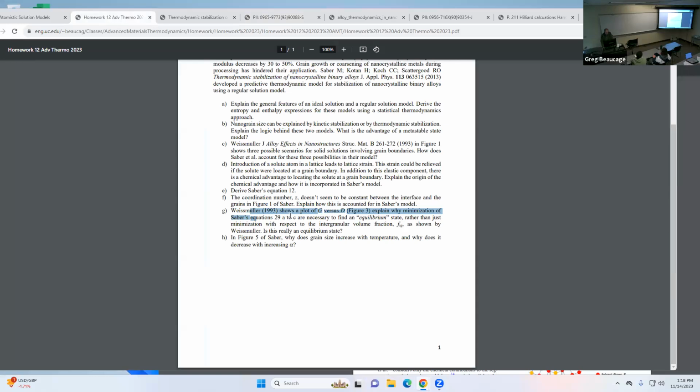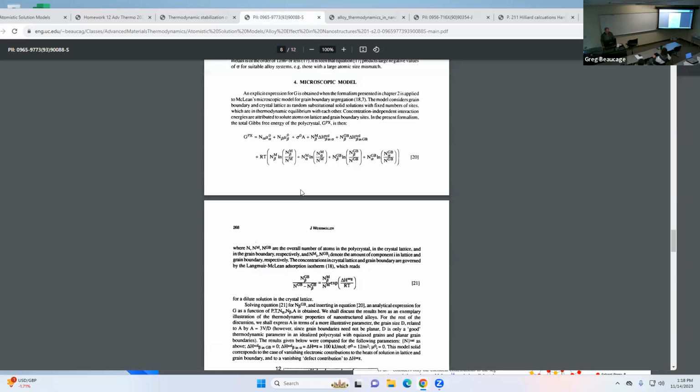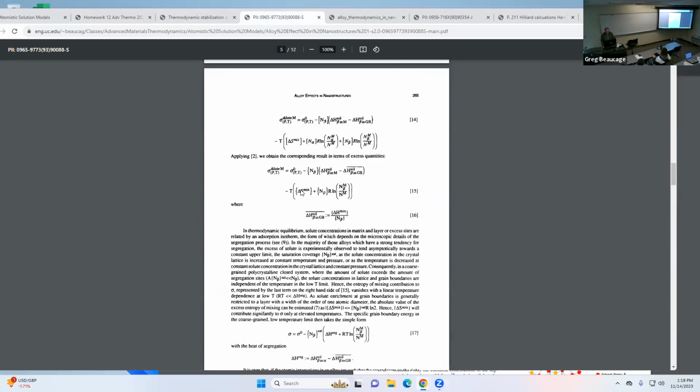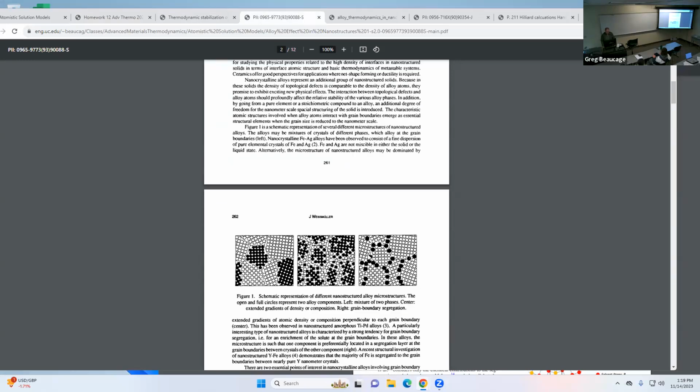So why does he need 3 and the other guy can get by with 1? Weissmuller doesn't even have an interfacial region at all. His picture doesn't include an interfacial region. It's just the grains. So he doesn't have an FIG because his FIG is 0.